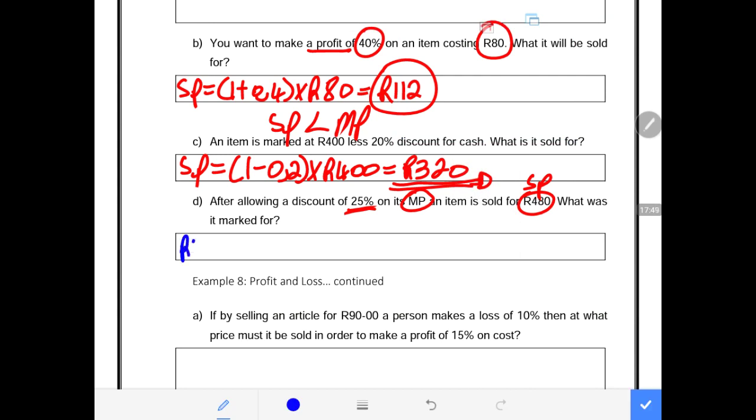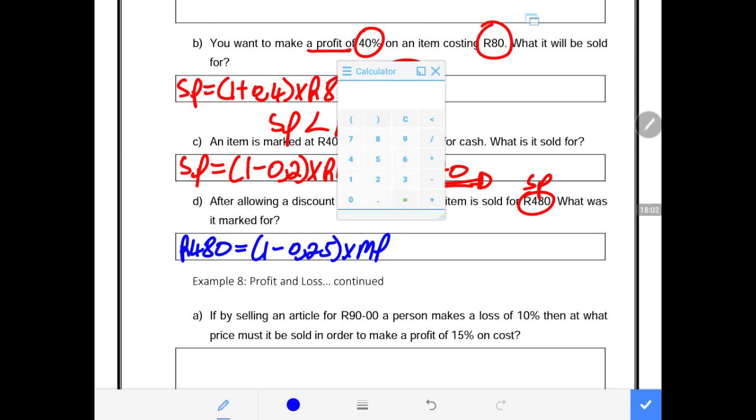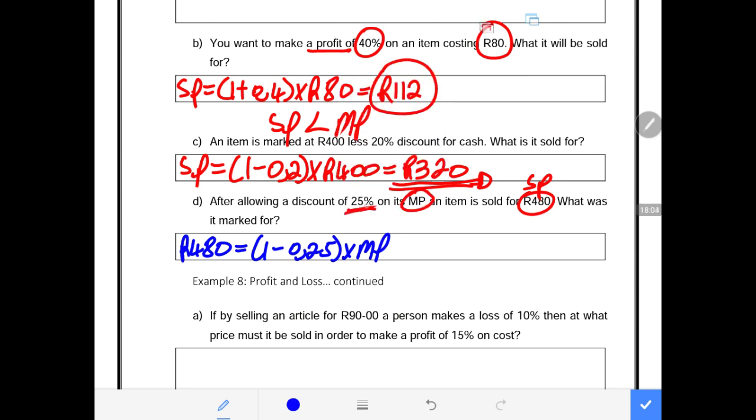Selling price, I will substitute it already with 480 equals 1 minus 0.25, times MP. But even before this, I just want to do this. Remember, I said to you that selling price is 75%, and we know that marked up price is equal to 100%.